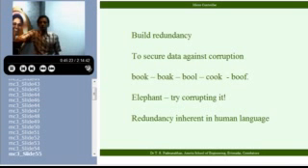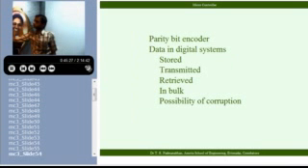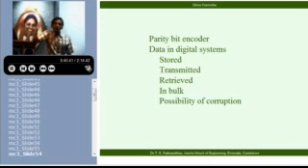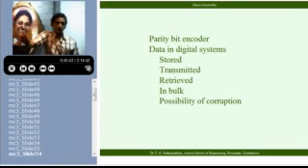Normally, in digital systems, you have got data to be stored, data to be transmitted over a transmission line. It has to be received. It has to be handled in bulk. In all these activities, there is a possibility of corruption at every stage.